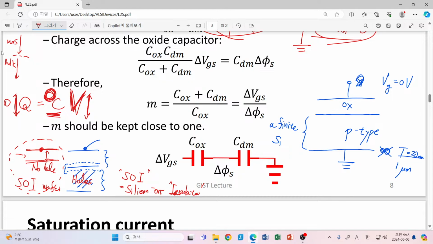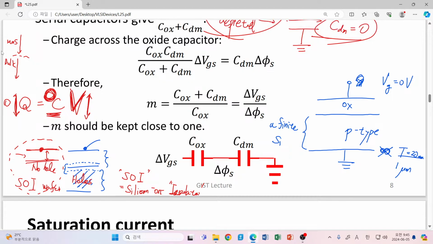Although bulk wafer does not give us good enough performance, anyhow I will try to use it because it's cheap. And there was another approach. The most representative example was IBM.